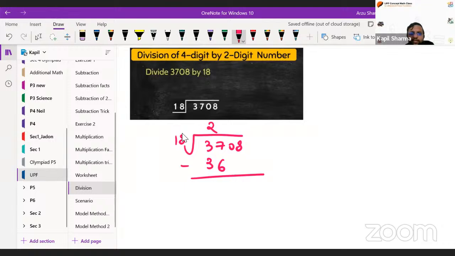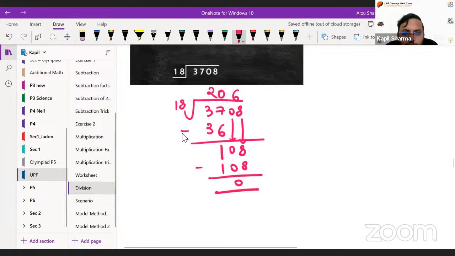Then 37 minus 36 is 1. We'll bring down 0. But now the problem is 10 is actually less than 18. So we need to bring down 8 as well. So when we bring down another number, you need to put a 0. Okay. And then 18 times 6 is 108. Okay, fine.